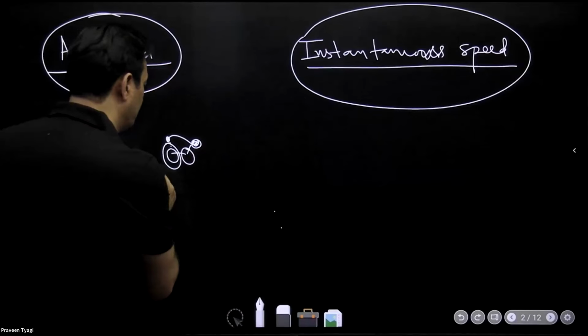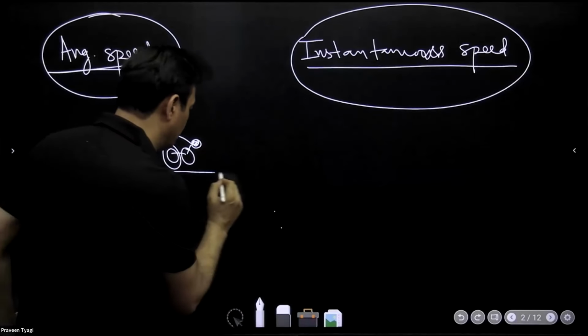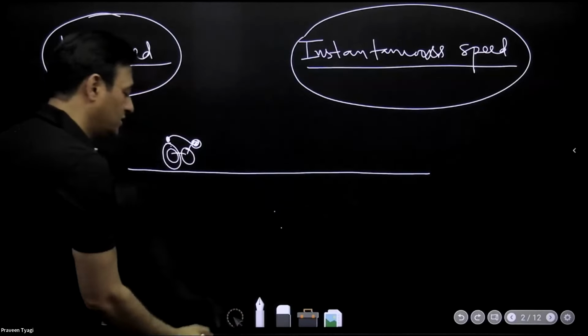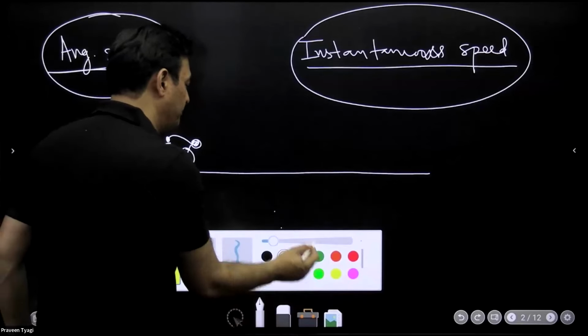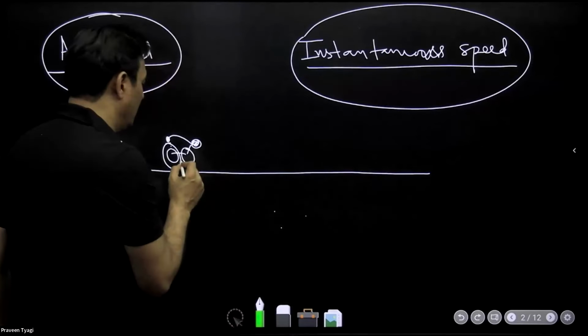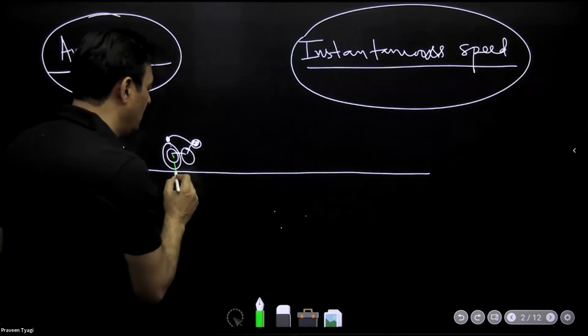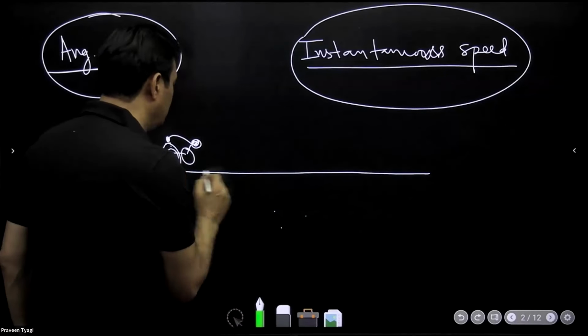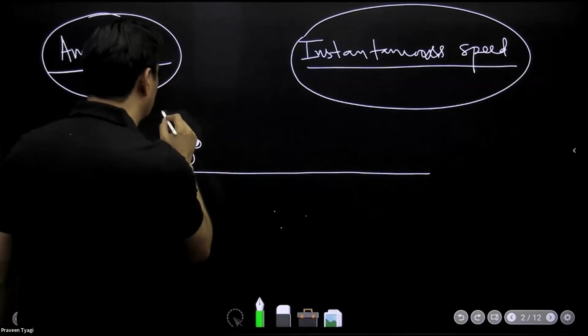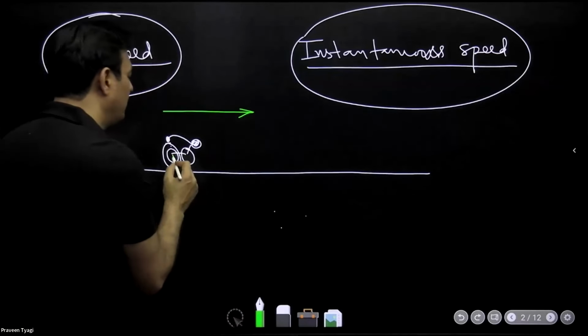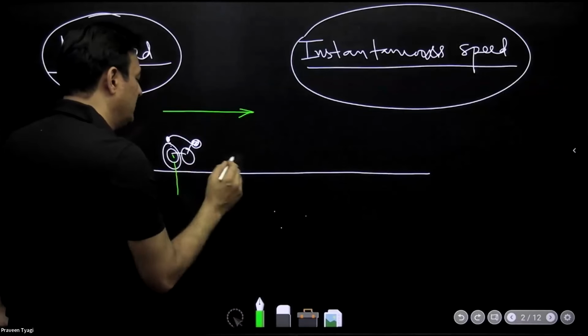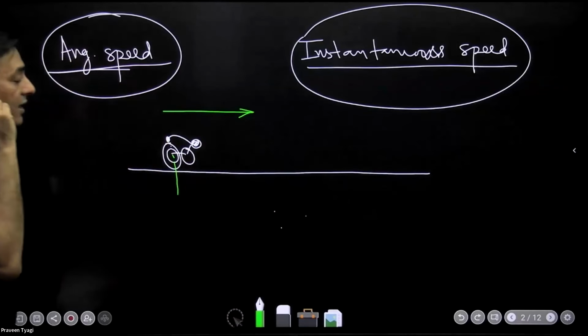This is me driving a bike. You can see the bike is very stylish. Now, I started driving the bike from here, in this direction towards east. Suppose this is east.